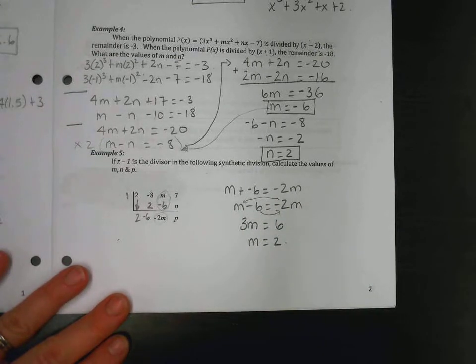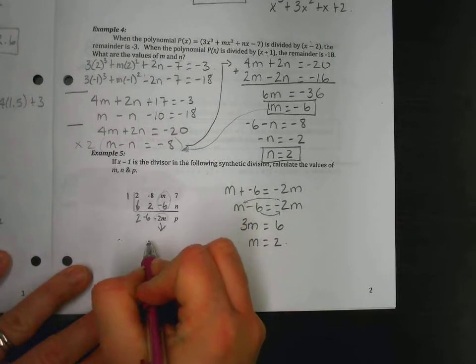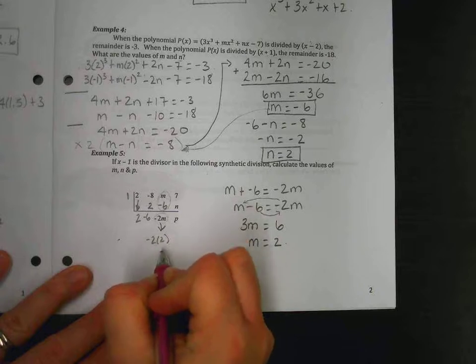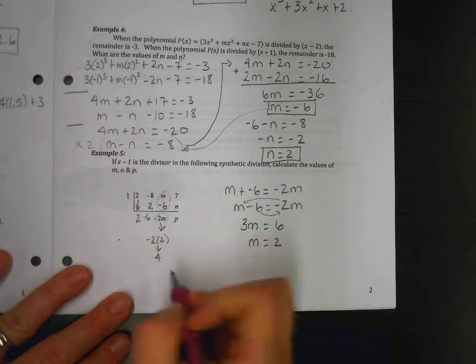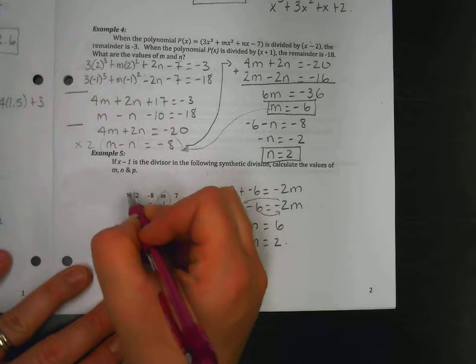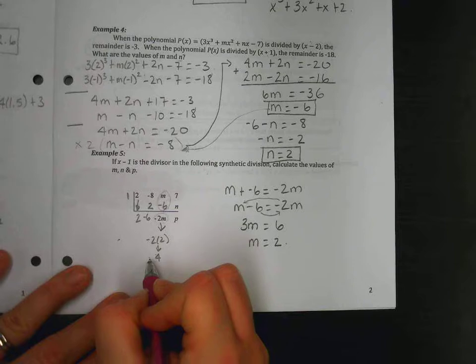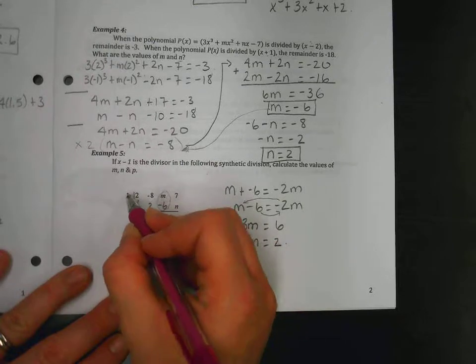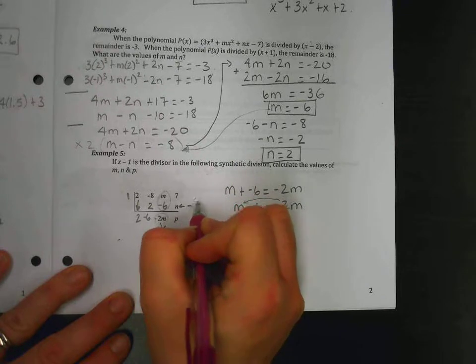So now that I know my m value, this is going to equate to 4, which I then need to multiply by 1 in my synthetic division. Or sorry, this should be negative 4, which I need to multiply by 1. So that tells me I need to now put that value here.